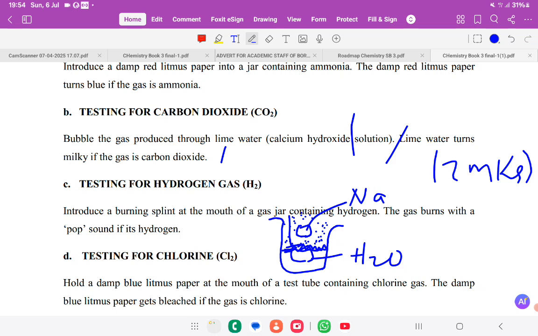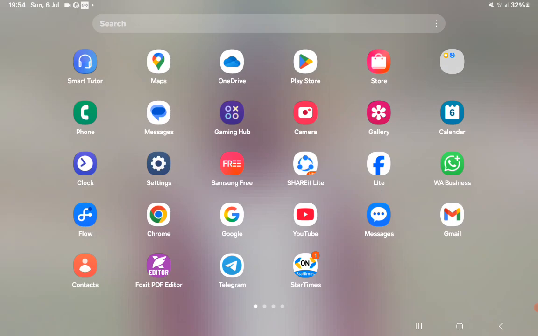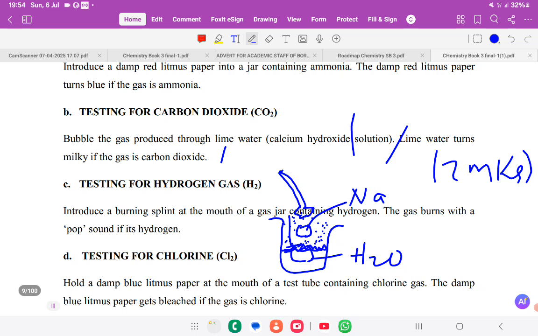So if you bring a burning matchstick nearby, you are going to have some kind of explosion. This explosion is associated with a sound called a pop sound. It goes like poof. It's a small explosion.